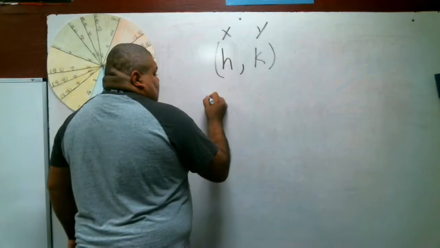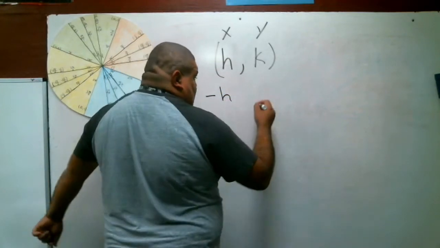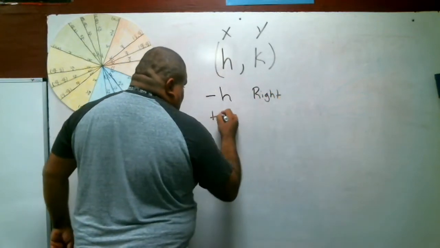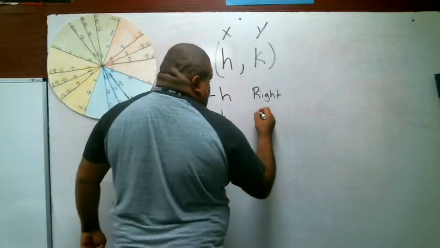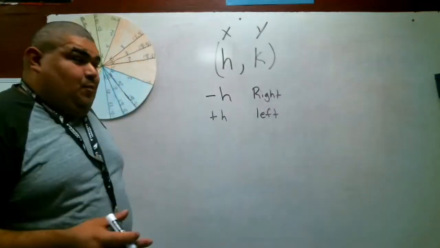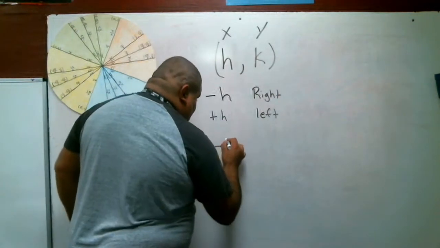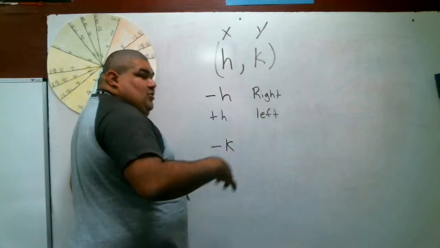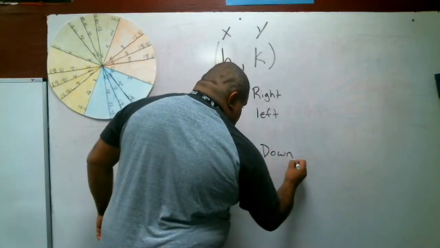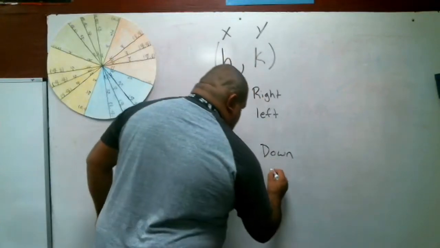Remember, if it's negative H, you move to the right. Positive H, you move to the left. The same with K: if it's negative K, you shift down. If it's positive K, you shift up.